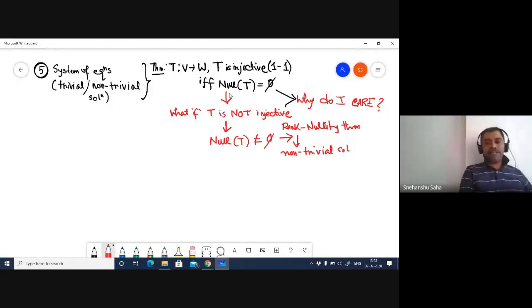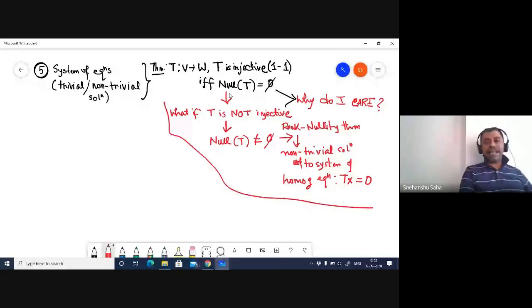So if T is not an injective map, it actually gives us non-trivial solutions to the system of homogeneous equations defined by Tx equal to 0. Okay? Now the idea is clear why we care about such results.